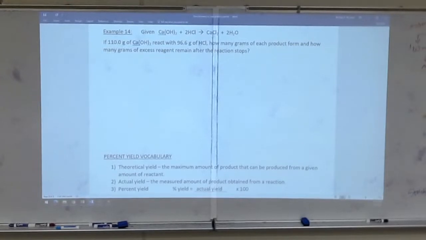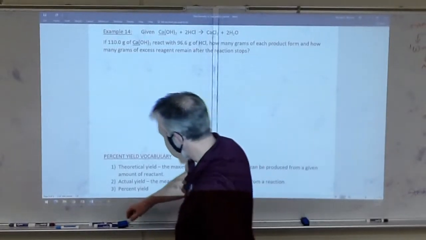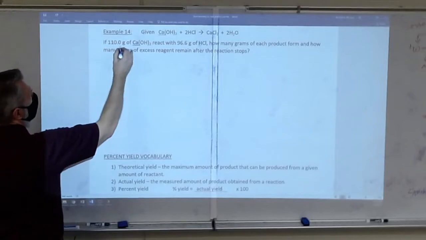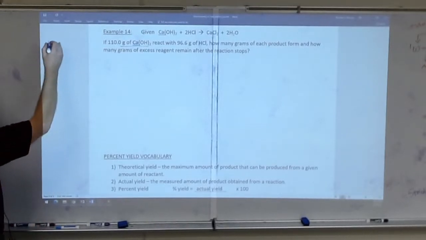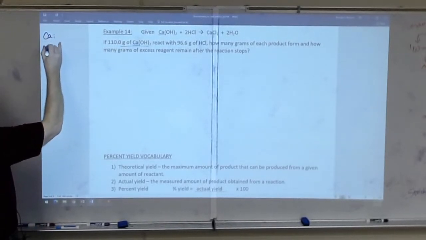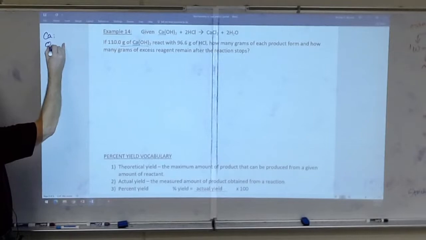What do we get? So I've got grams of calcium hydroxide. What's the first thing I need to do? We've got to get the molar mass.